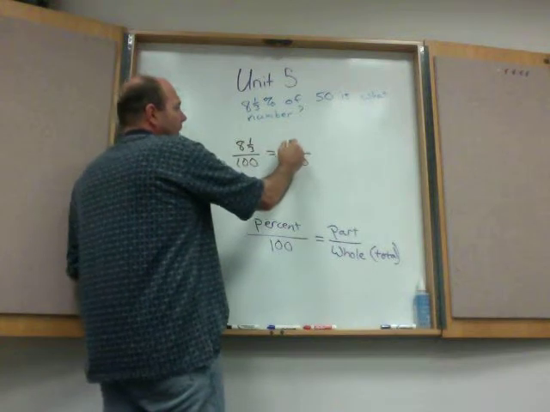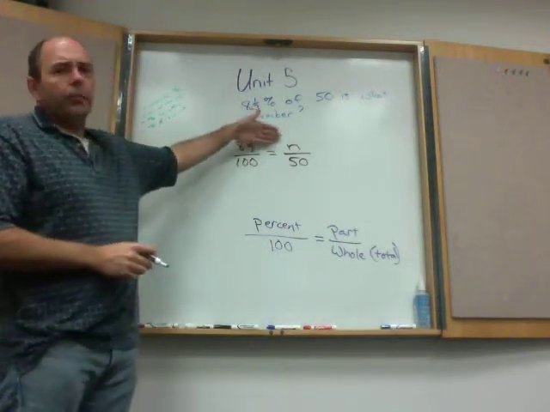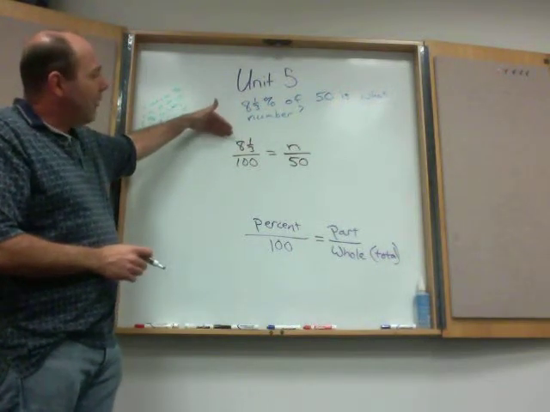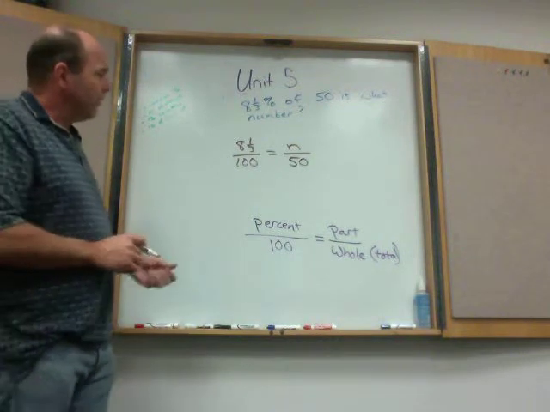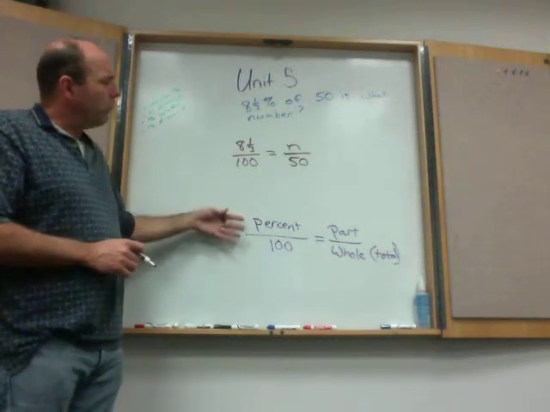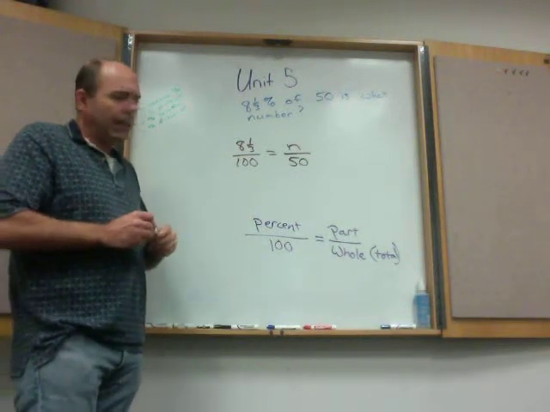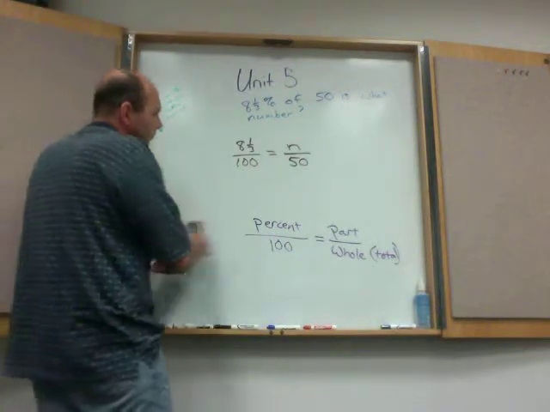And this time I'm going to use n just because I'm tired of using x's. It doesn't matter when you're using a variable, you can use any letter. Now I have it set up to cross multiply, and it won't be that difficult. I'm going to need more room, but you can see how I set it up using this formula. I'll go ahead and erase this formula now, and we'll work this problem out.